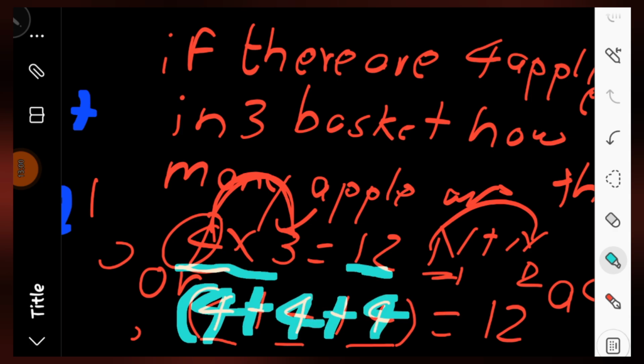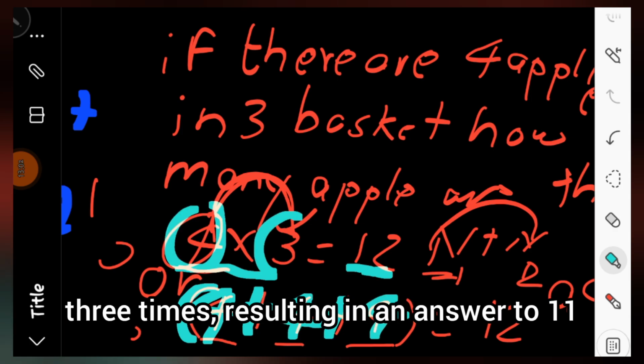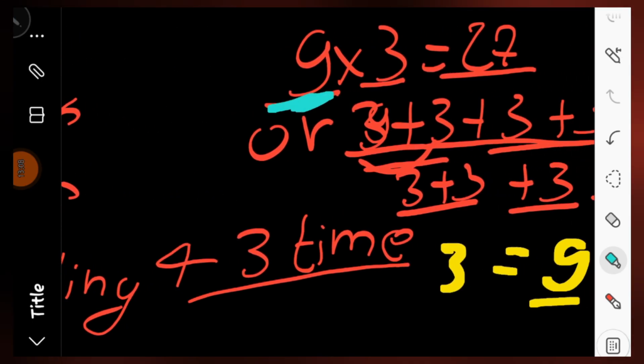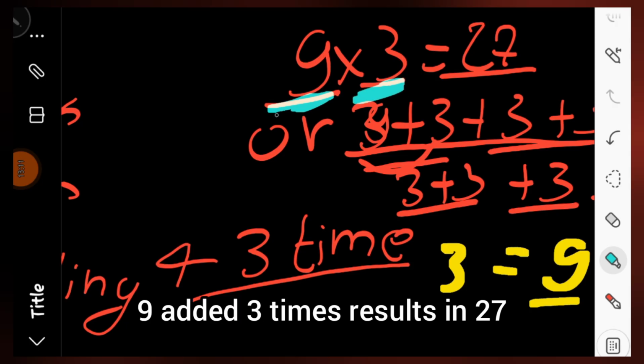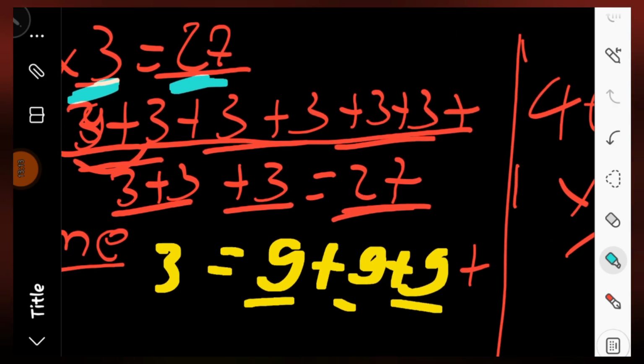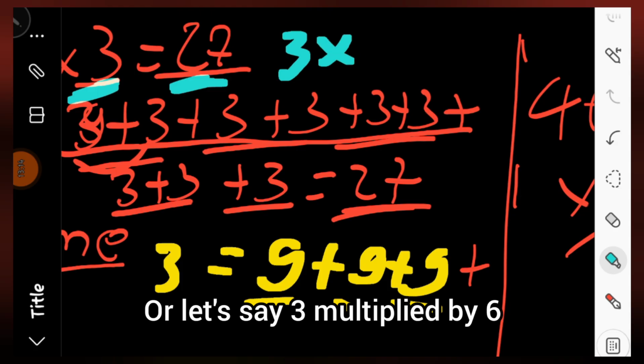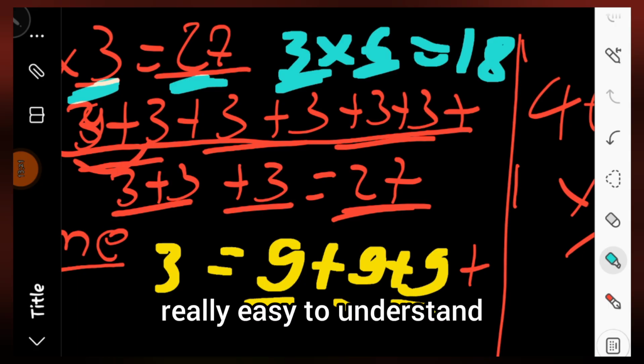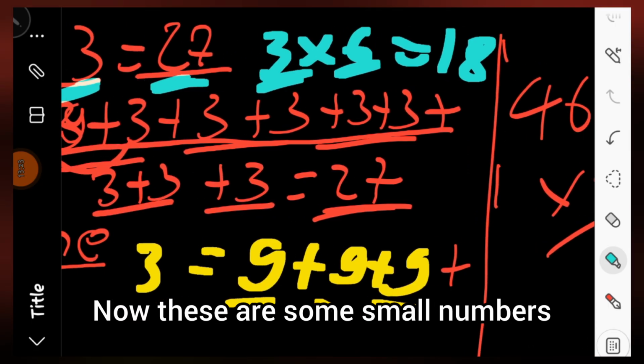Now we add 4 three times, resulting in the answer 12. Let's look at another example. 9 added 3 times results in 27. Or let's say 3 multiplied by 6. 3 added 6 times results in 18. Really simple, really easy to understand. Now these are some small numbers.